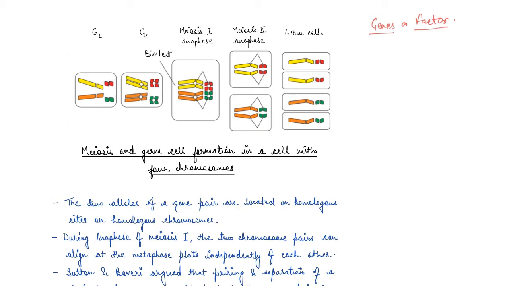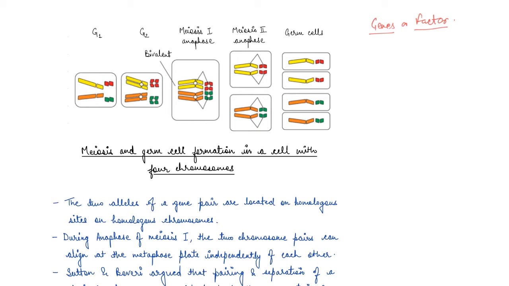So basically, if you see here, they proved how through meiosis, you have chromosomes as well as genes, right?